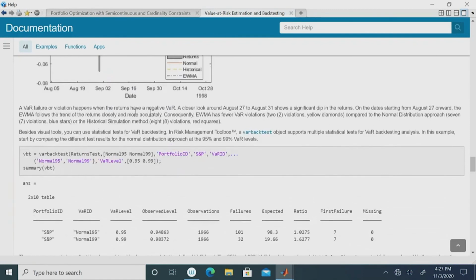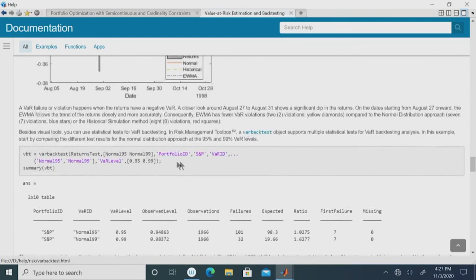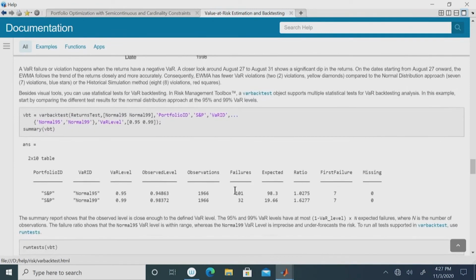The remainder of this narrative gives you the detail of the violations when this is carried out over a larger period of time. If you calculate this value for the entire period, you will see a number of failures. Using 1966 observations, that is the entire timeline, at the 95% confidence level there were 101 instances of failure, and at the 99% level there were 32 instances of failure.